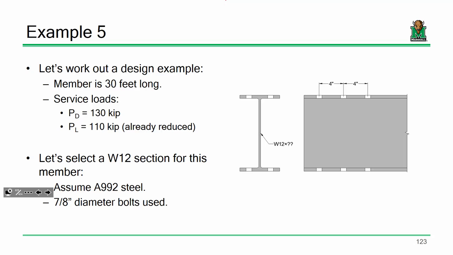Now, we're going to select a W12 section. If you go back to this table right here, remember this, where we were looking up Fys and Fus, table 2-4 on page 2-48?